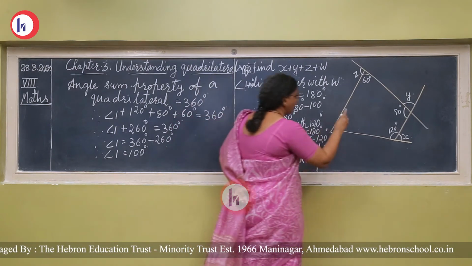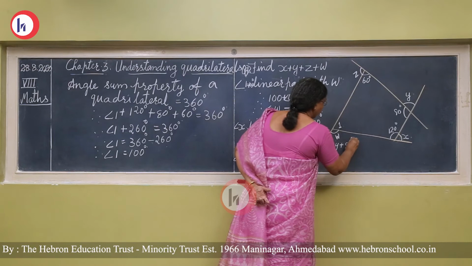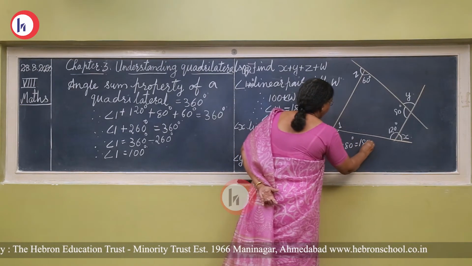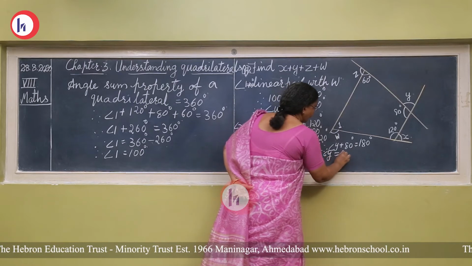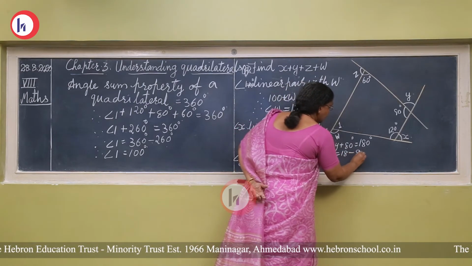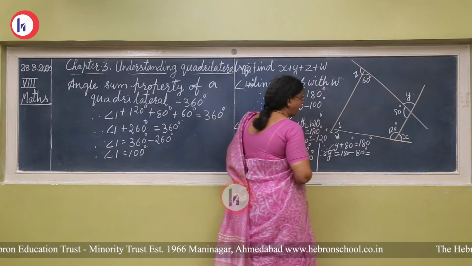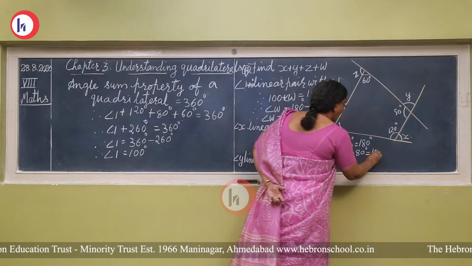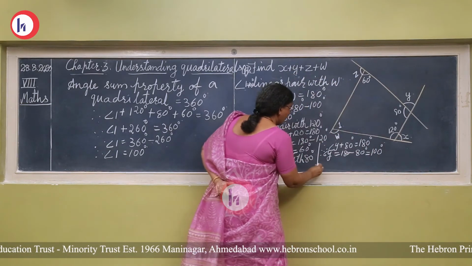So angle Y plus 80 degree is equal to 180 degree. Therefore, angle Y is equal to 180 minus 80, that is 100 degree.